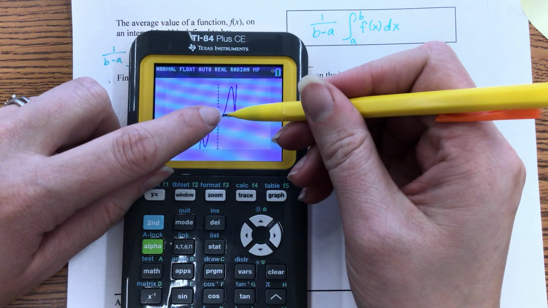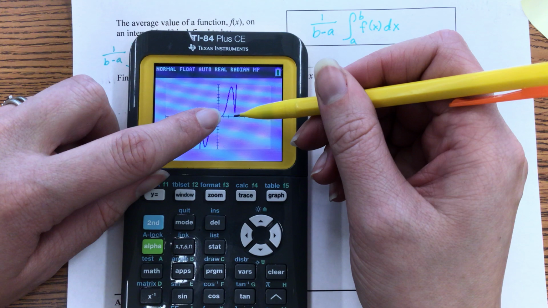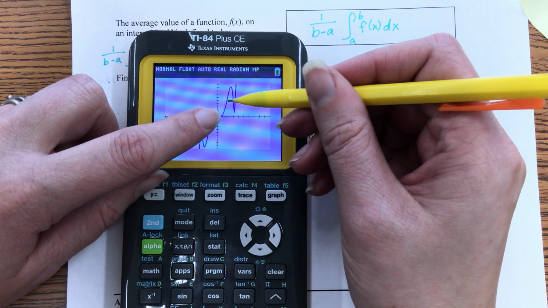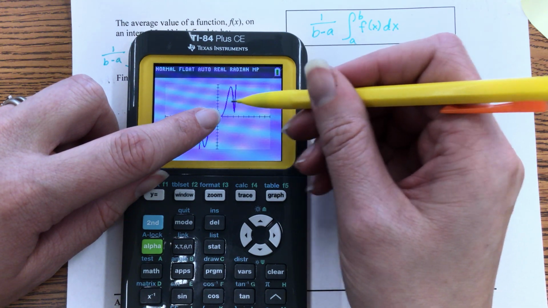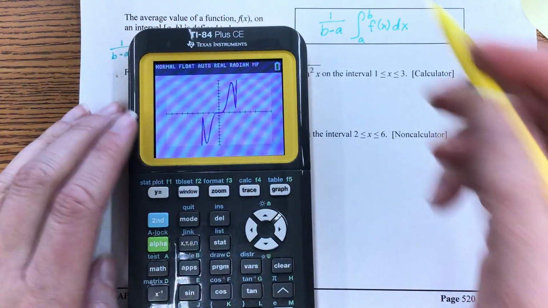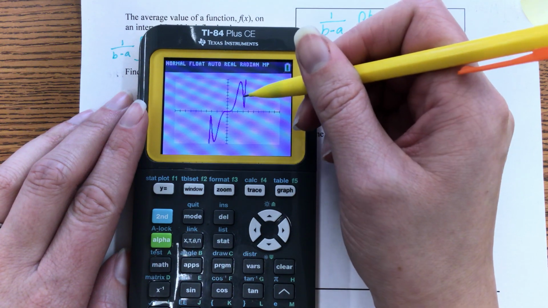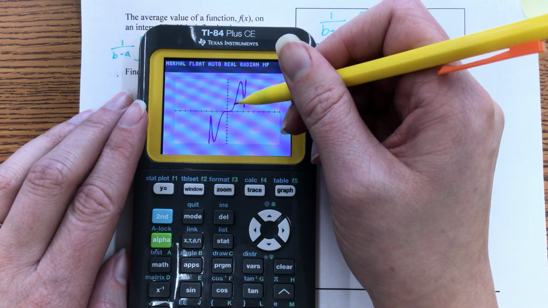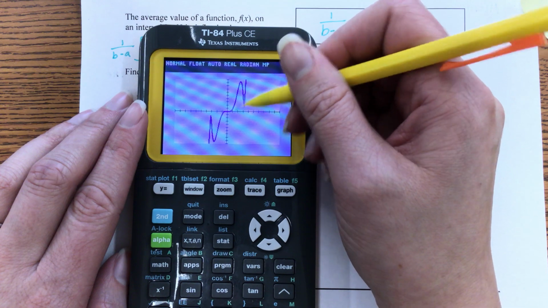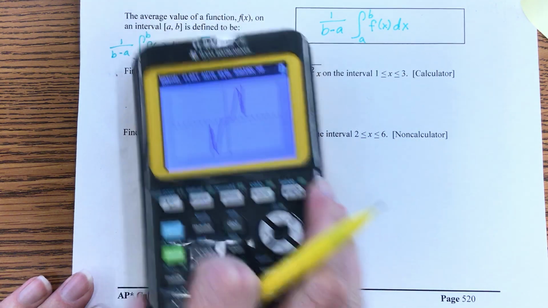All right, here's 1 and here's 3. All of this area that's in here, if we make a horizontal line at 5.848 between 1 and 3, that rectangle would have the same area underneath it as that whole curve between x equals 1 and x equals 3.